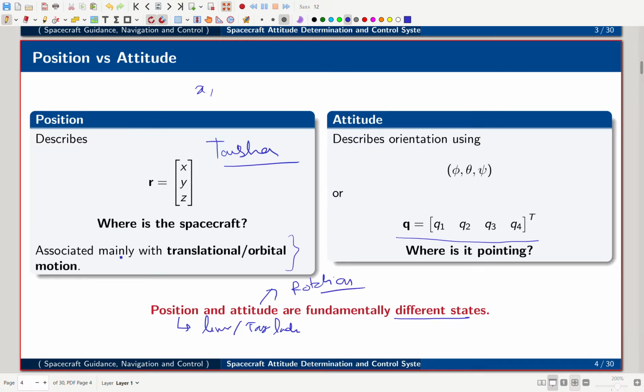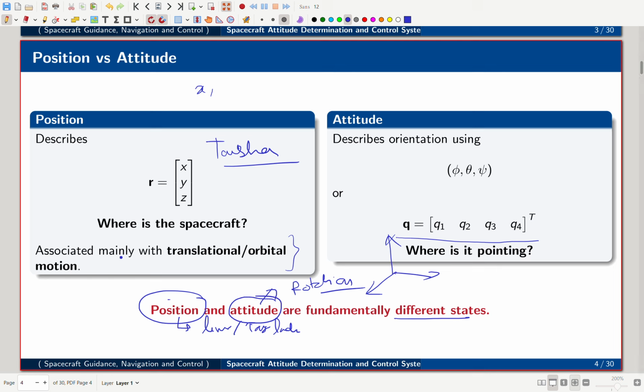So basically in 3D, why do we need attitude? Because position is not sufficient, right? In 3D, position is not enough because it's a moving body, so we require orientation. The orientation details are also required.